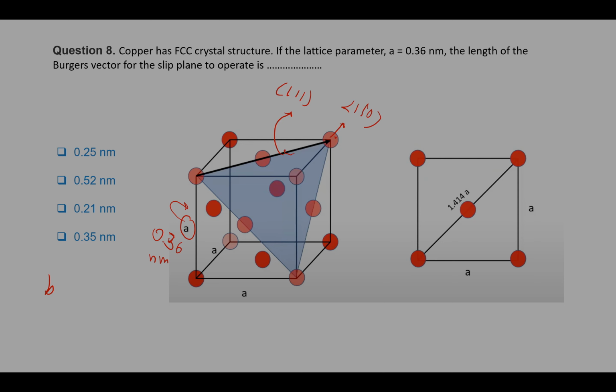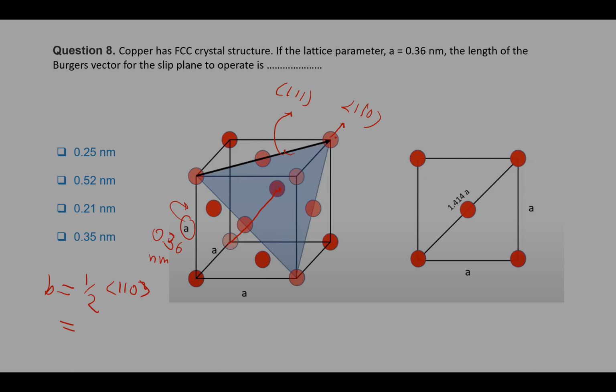So b will be 1/2 of 1, 1, 0 direction. So in that, the half length of this length, not this one, sorry, from here to here, this length.